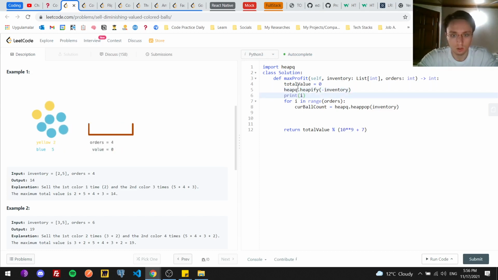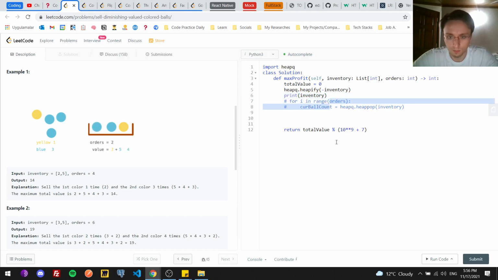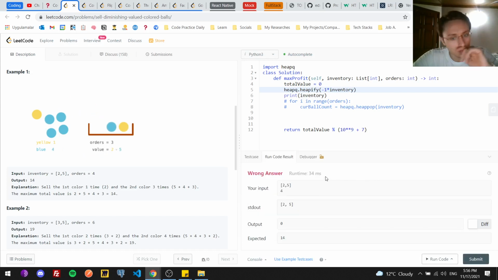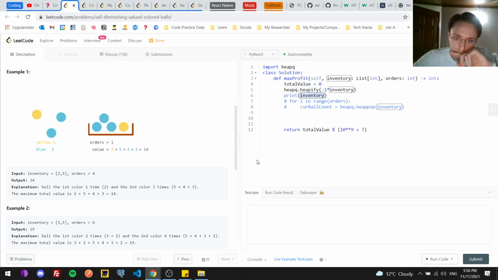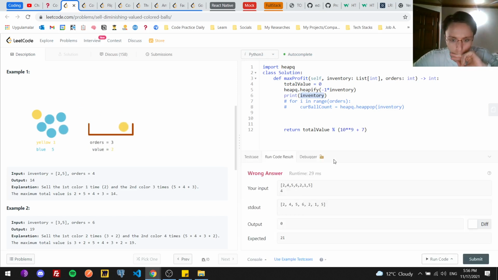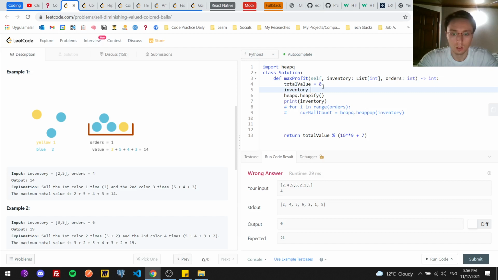Let's print the inventory. So the inventory is negative; paste it here.